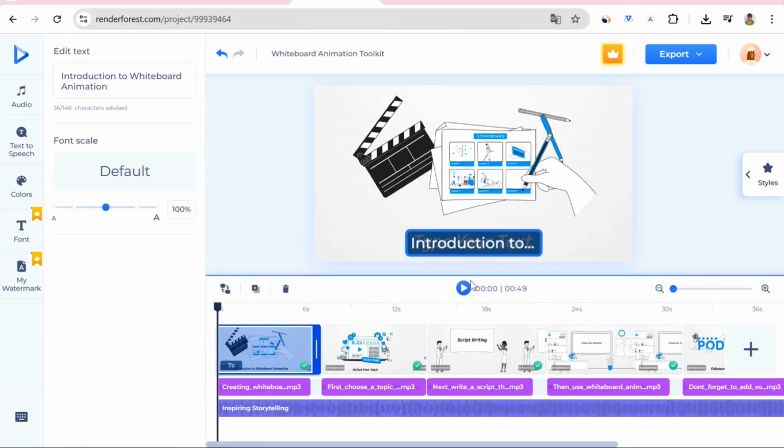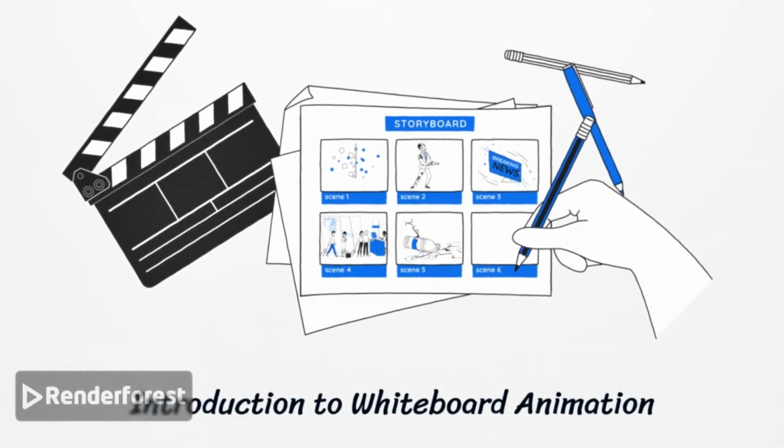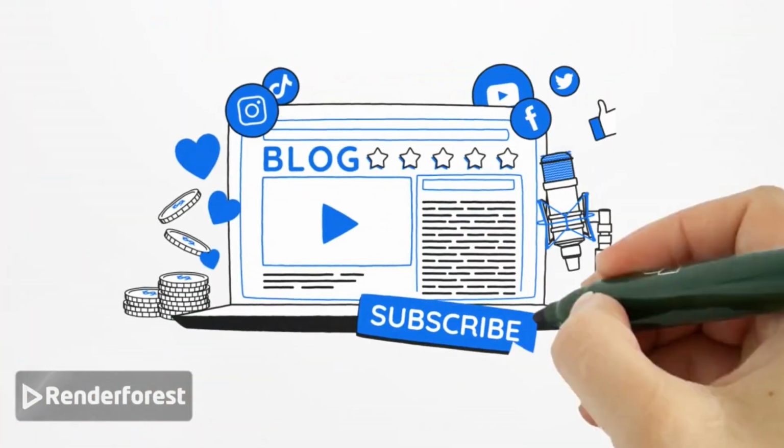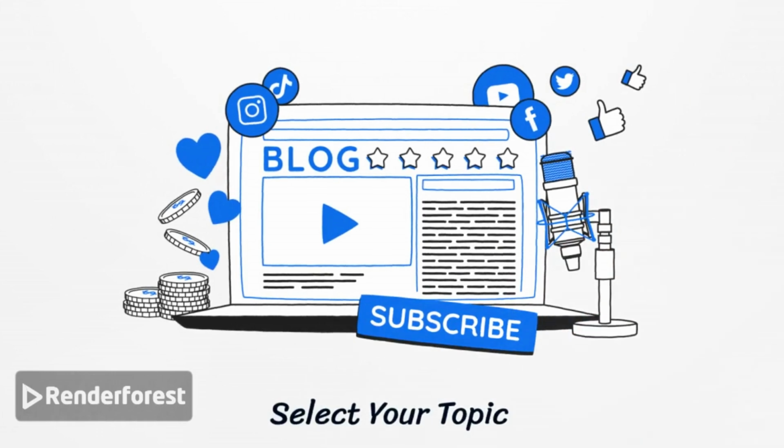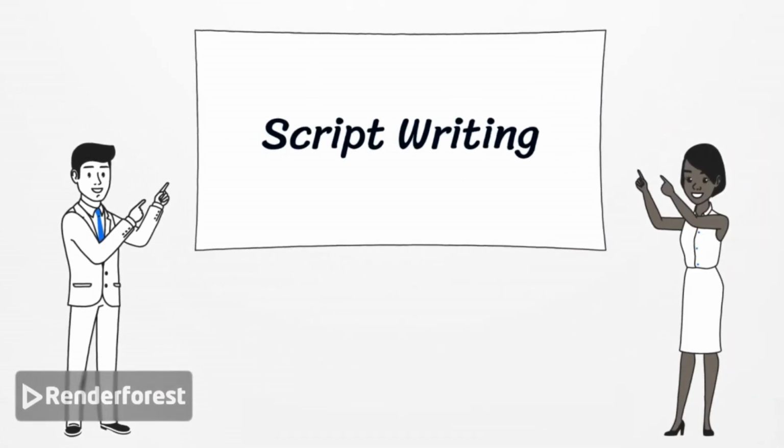Let's watch it together. Creating whiteboard animation videos can be a fun and profitable venture on YouTube. Here's how to get started. First, choose a topic that interests you and resonates with your audience. Research thoroughly to provide valuable content. Next, write a script that clearly communicates your ideas. Keep it engaging and concise to maintain viewer interest.